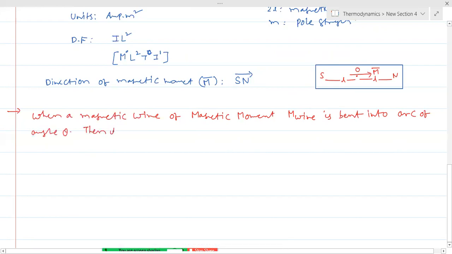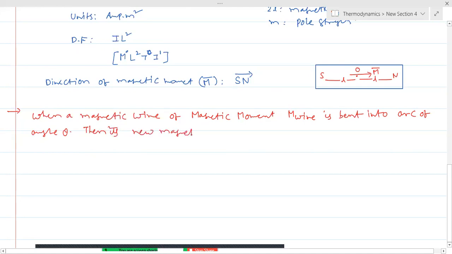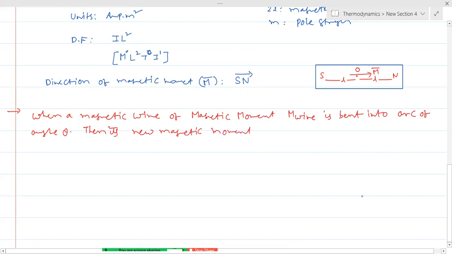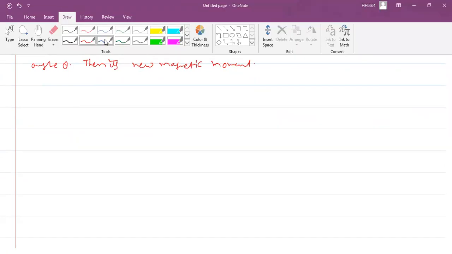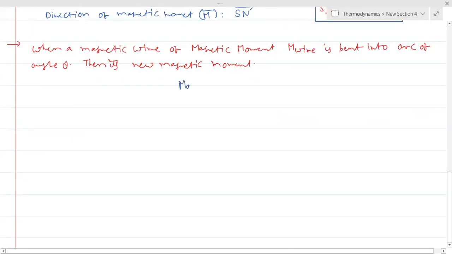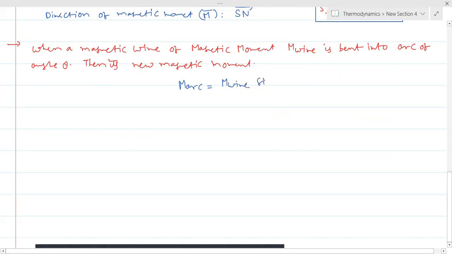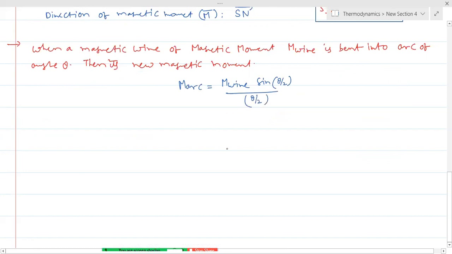Then its new magnetic moment is what we are going to prove: M arc is equivalent to M wire into sin theta by 2 divided by theta by 2.